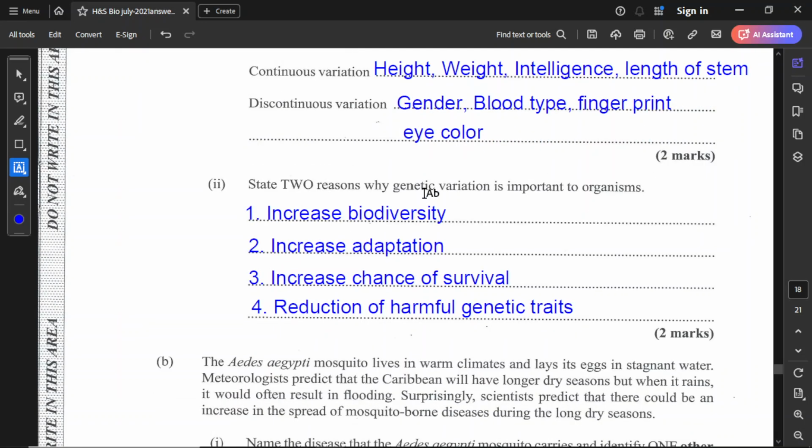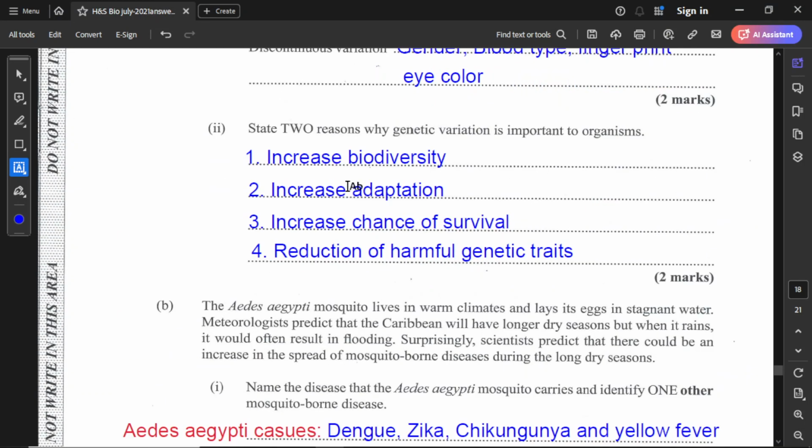All right, part 2 is to state 2 reasons why genetic variation is important to organisms. One is increased biodiversity, 2 is increased adaptation, 3 increased chance of survival, and 4 reduction of harmful genetic traits. So these are some of the things that may be an advantage or benefit from genetic variation.